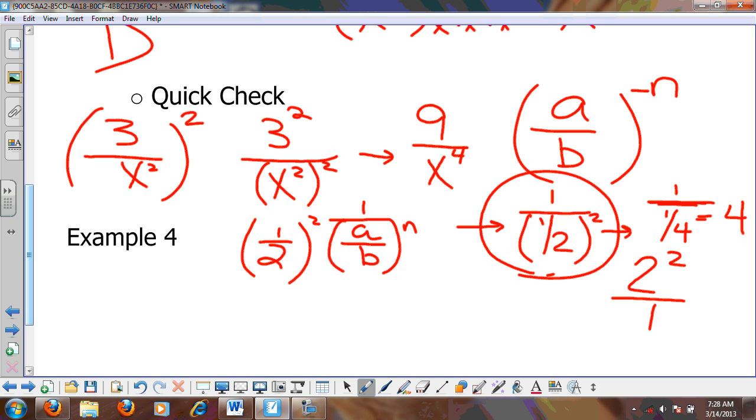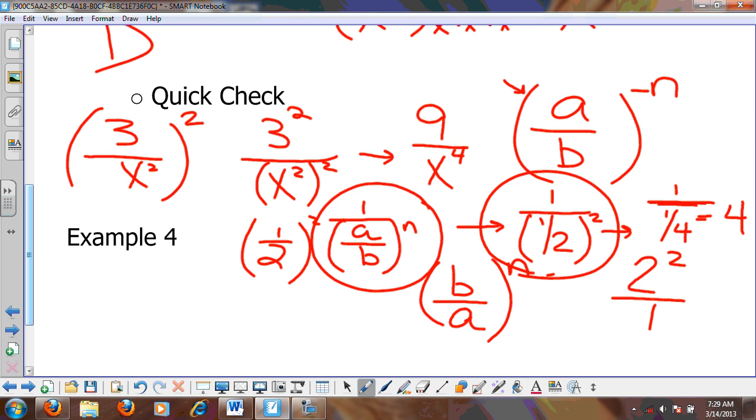So when I have a over b to the negative n power, essentially I'm saying b over a. I'm taking the reciprocal to that exponential power. And they show you a few more steps there on page 455, but I just wanted to show you a real life example so that you could see why that is true.